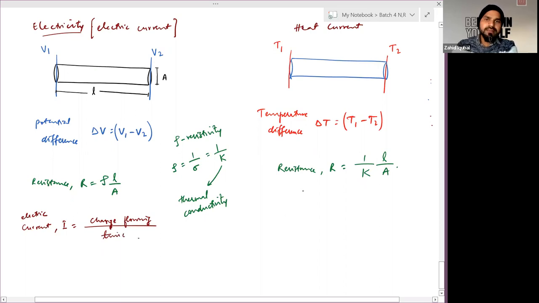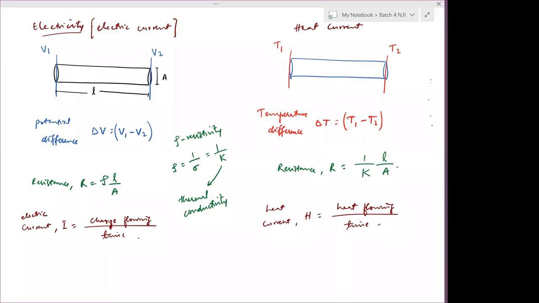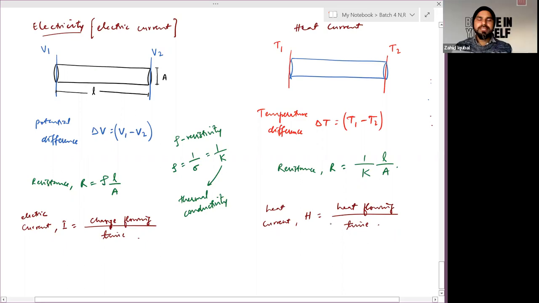Similarly, we may define heat current, represented by H, as heat flowing through any conductor per unit time. Mazia, is it clear? Yes, sir. Okay, first write it down up to this part.